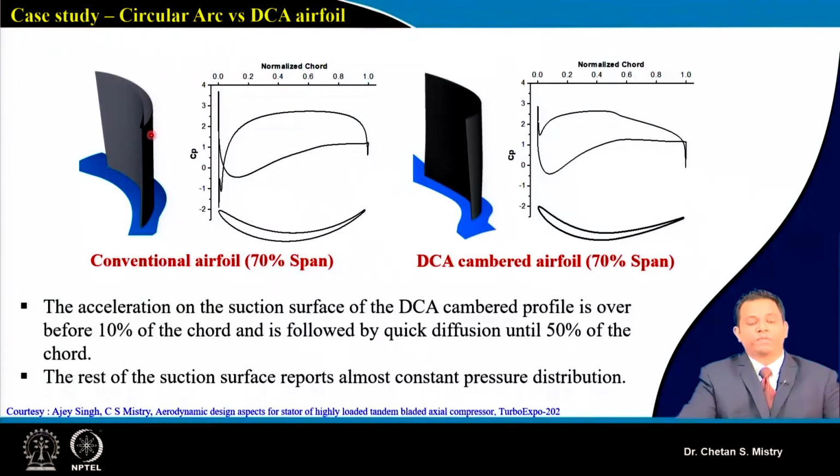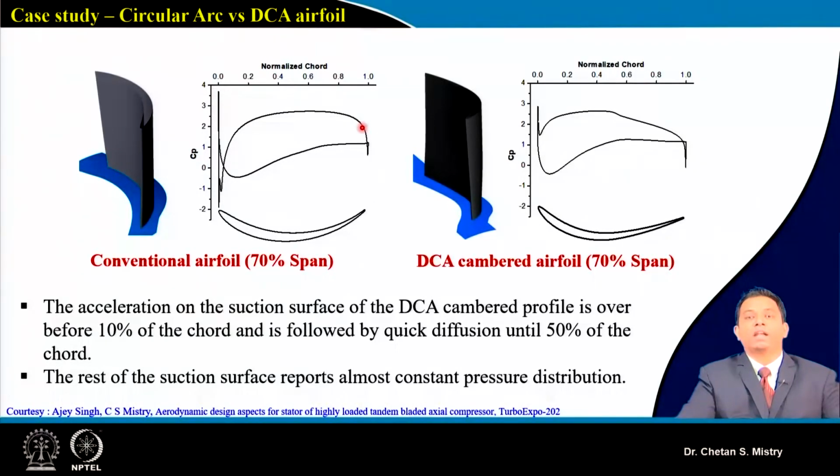Now this is one of our own case studies. We used a circular camber line with a C4 profile, and this represents my Cp distribution. Later on we made a modification. This represents the stator.